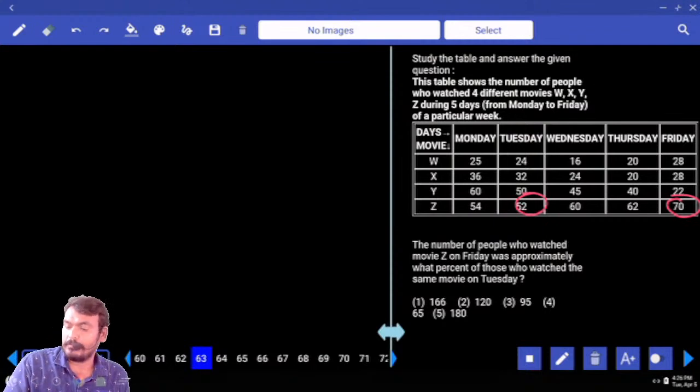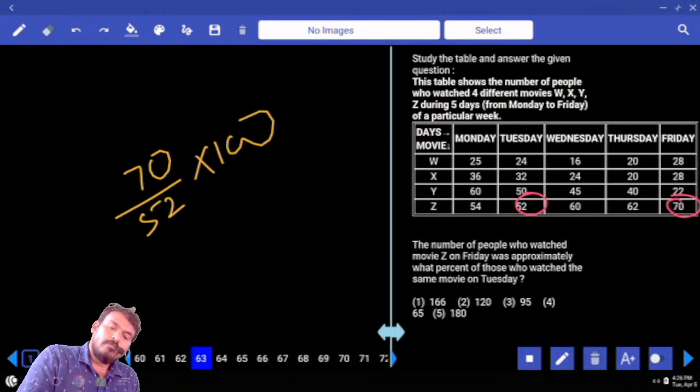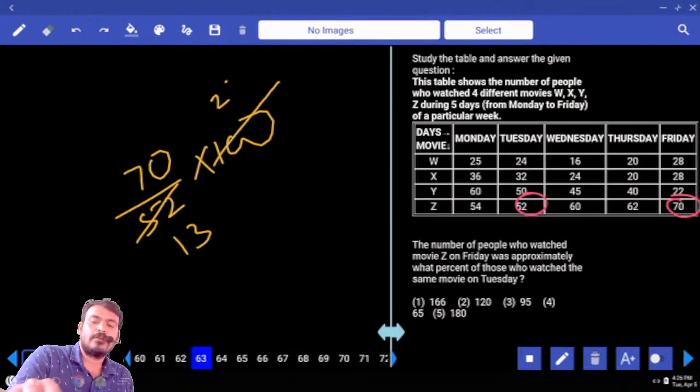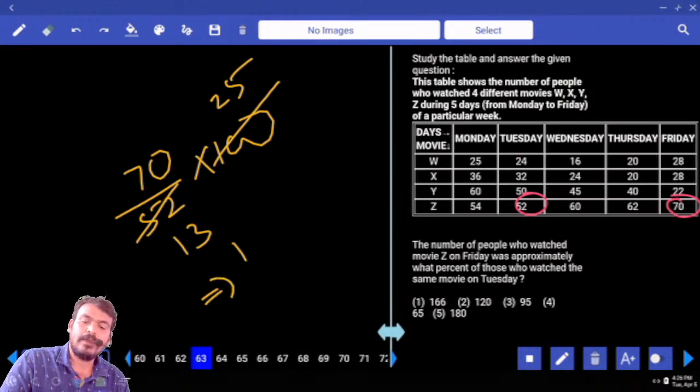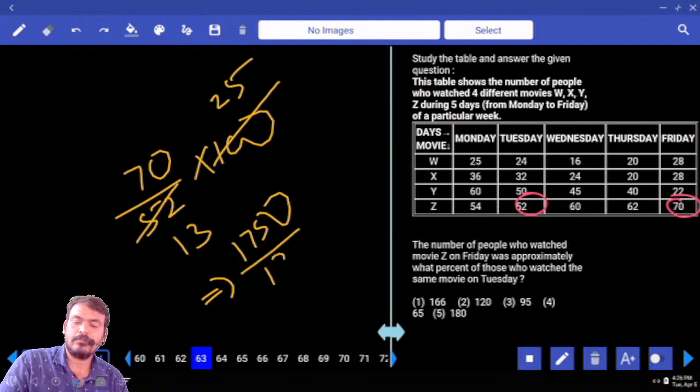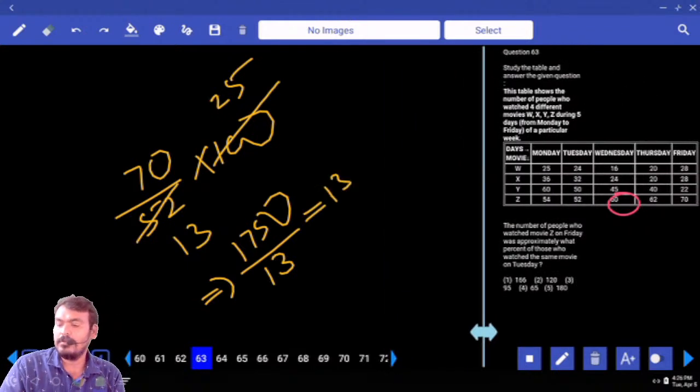But what we require is what percent, right? 70 by which one? 52 into 100, right? 4, how many times in the denominator? 13 times. 4, how many times 100? 25, right? 70 into 25, 1750 by 13, right? 1750 by 13. First 13 13s how much? 169.